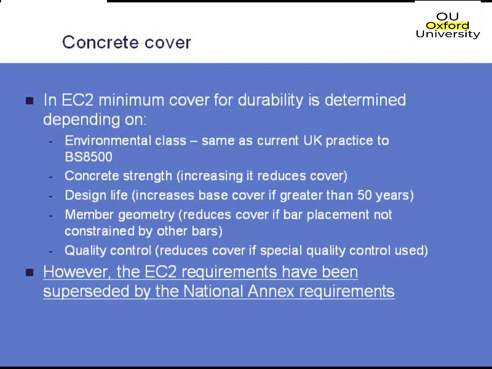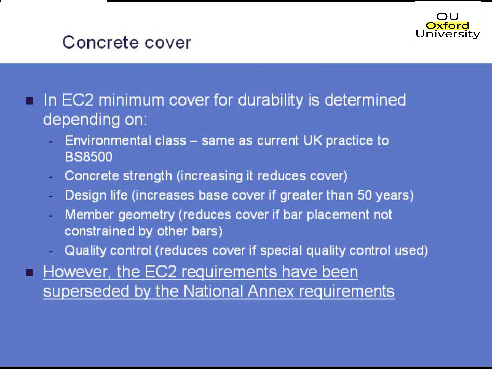It's also dependent on the member geometry, because if you've got a slab, it's very easy to make sure that the bits of reinforcement go approximately where you want them to in that plane. If you've got a beam with lots of links in, you've got to make sure that the links fit in exactly where you want them to, and you've got to get the bars in.